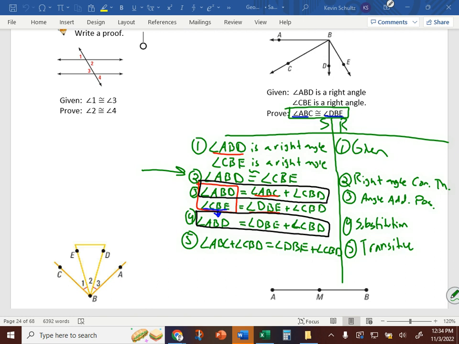So I replaced CBE with ABD with the intention of getting this situation right here. ABD equal to two different things, because that makes those two different things equal to each other because of the transitive property. Okay, so step 4 was all about, I already knew that ABD was equal to something. What else is ABD equal to? So I can set those two things equal to each other that I did in step 5.